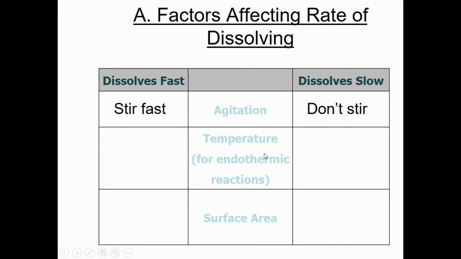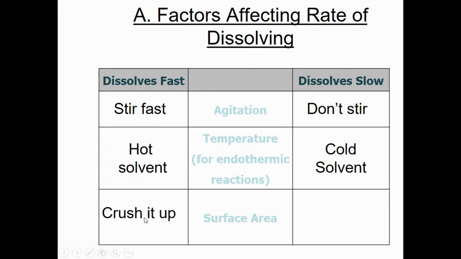For temperature, with endothermic processes or solids and liquids mostly, it's going to dissolve fast if you're hot and slow if you're cold. Surface area, that's the size of your sugar granules. It's going to dissolve fast if you have it all crushed up, and slow if you have large chunks. Just like ice melts faster when it's crushed up than when it's a large chunk, same idea here. It's that surface area.